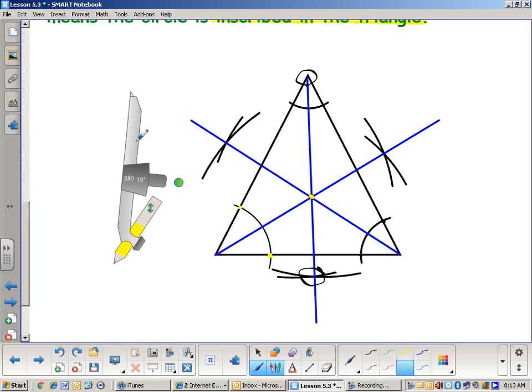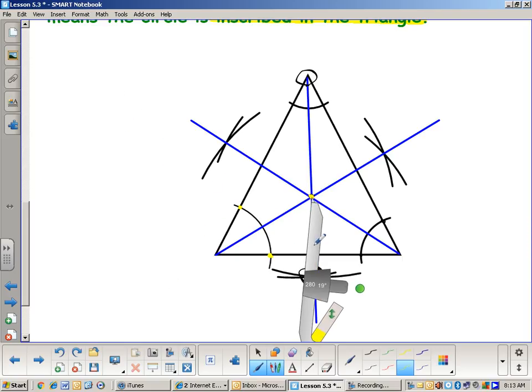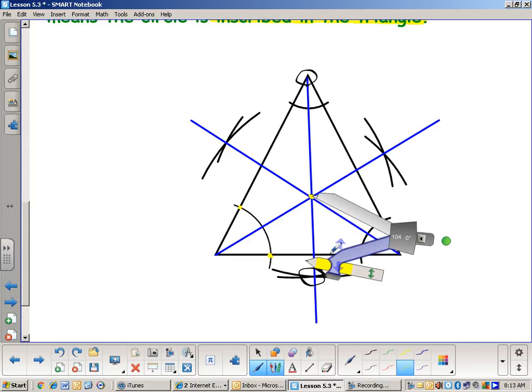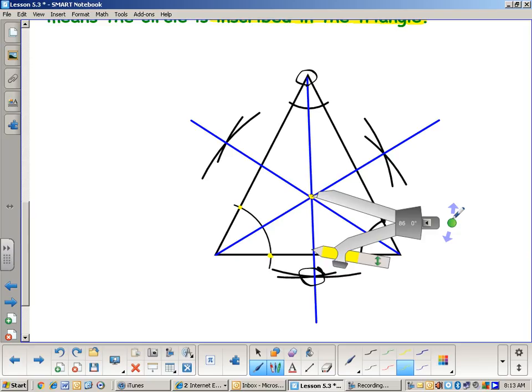Okay, so when I go to draw that circle, this is a little harder. It's because now it's not the vertex I'm matching up on, it's the side.